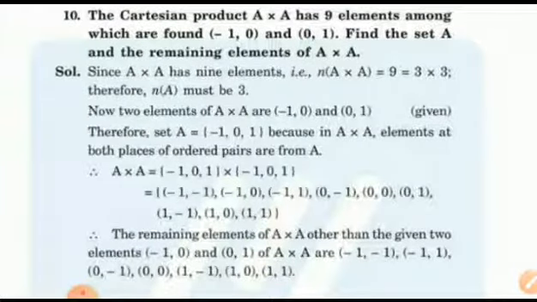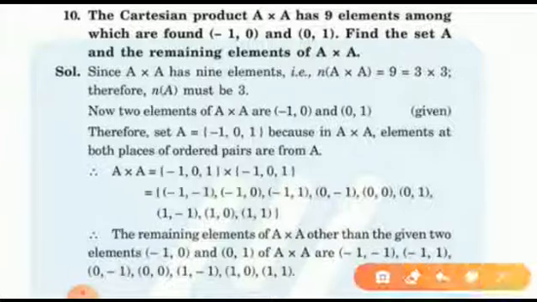Now see the next. The Cartesian product A cross A contains 9 elements, among which are found -1, 0 and 0, 1. Find the set A and the remaining elements of A cross A. Now, it is given that A cross A contains 9 elements.